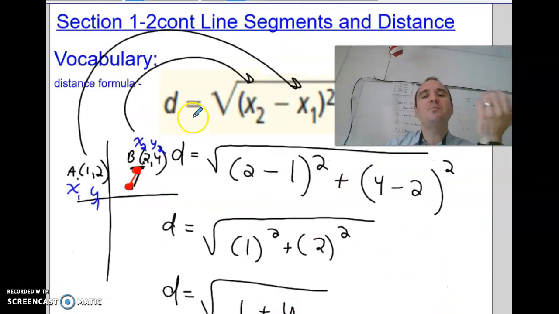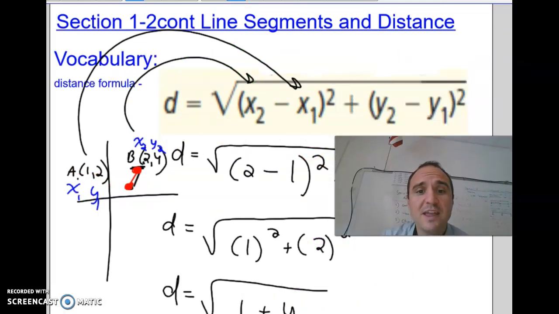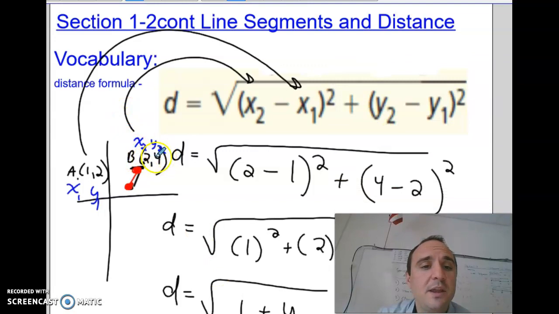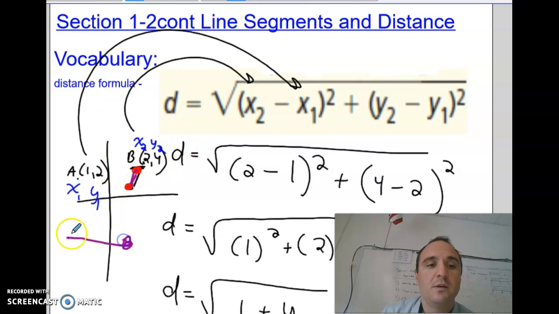Now, distance we didn't spend as much time on, but it's a distance formula. So when you have the distance formula, it's the same as saying these two here, this coordinate A and B, I want the distance from here to here. You have to use the distance formula. Would it be easier if it was just this coordinate and this coordinate? Yeah, if it was a straight line, straight lines are super easy.